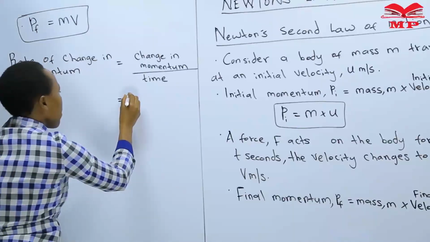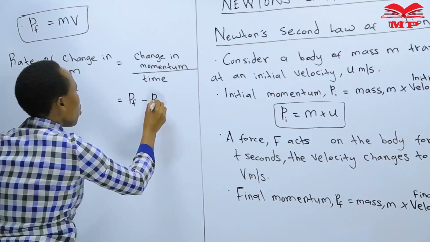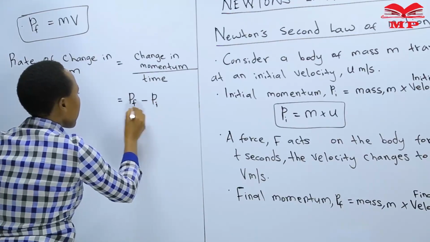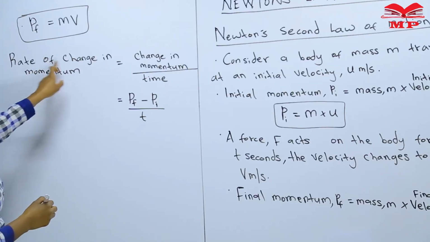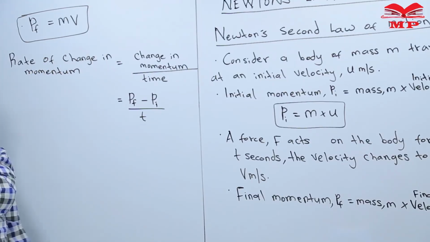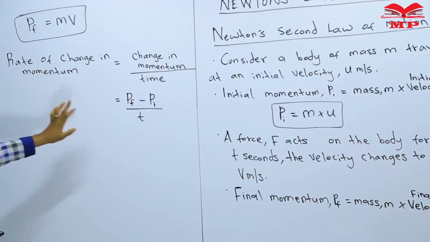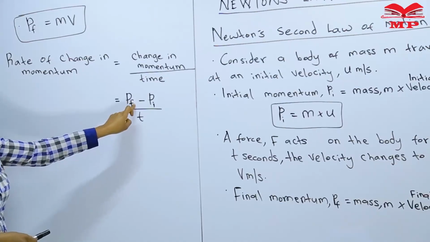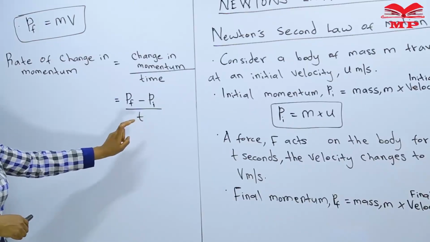So the rate of change in momentum is the final momentum minus the initial momentum, divided by the time taken.